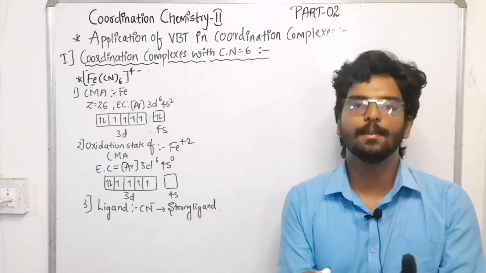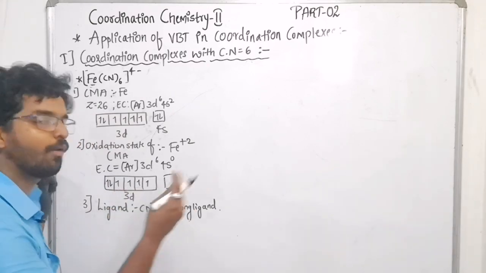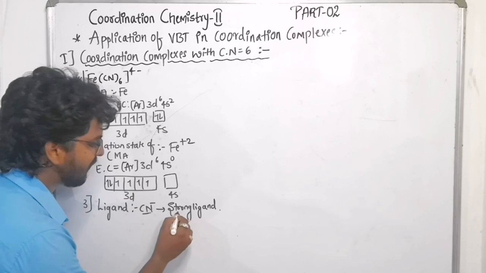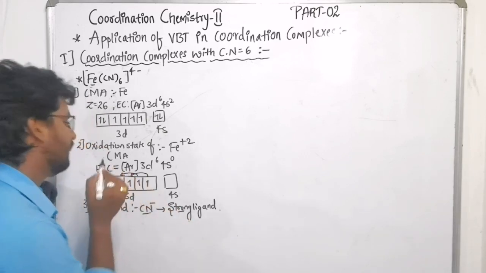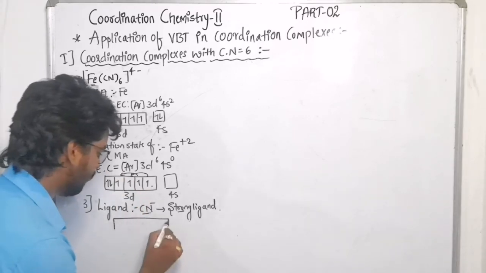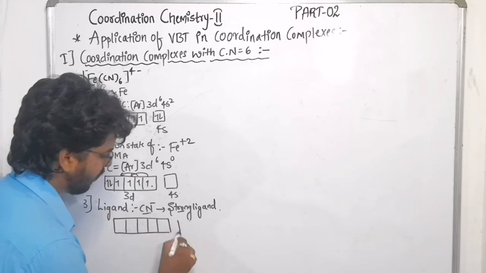Here we have 1, 2, 3, 4 unpaired electrons. Because of CN minus acting as a strong ligand, they get paired up. This one will pair up with this one, and this one with this one. This is how the pairing of electrons takes place.